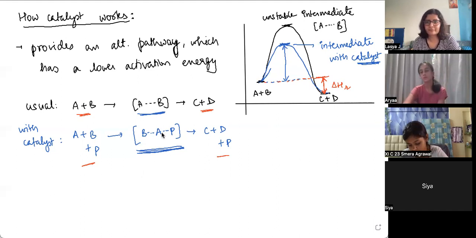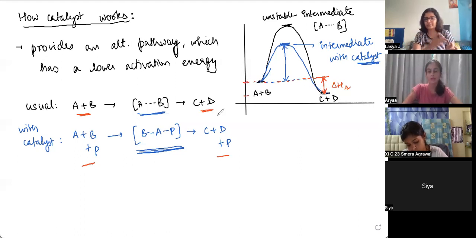Miss, when we were doing threshold energy as well, now also, what does it mean when we say intermediate has energy? Means what? You understood the concept of reactants and products having a specific value of energy, right? Their potential energy.